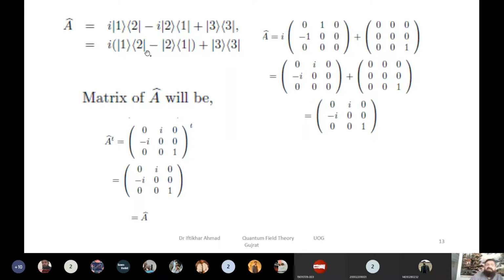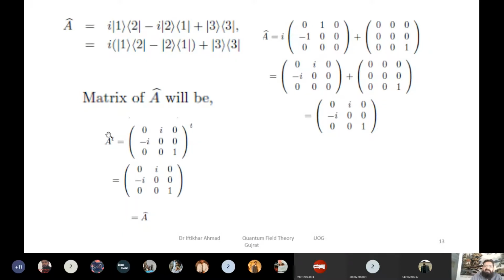First of all, you get the matrix representation of this is equal to this, because you can subtract these two and get this expression, and then again add this one, because you know the value of this expression. So you can add these two matrices, having the same order. So finally you get this expression.